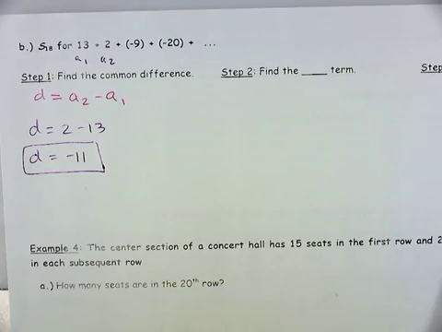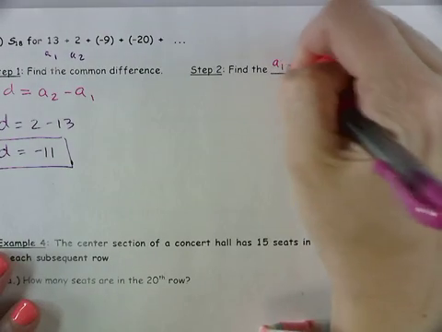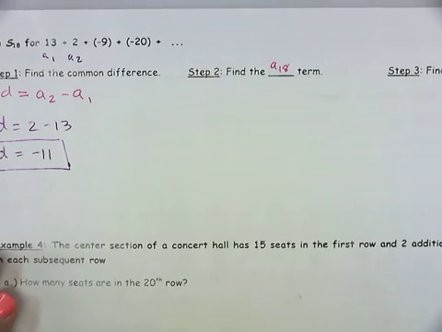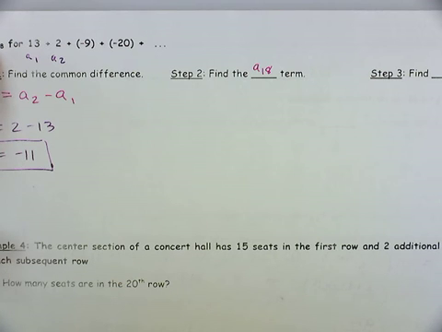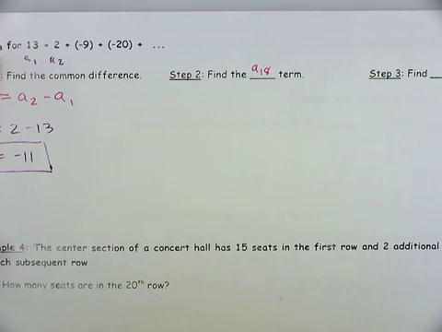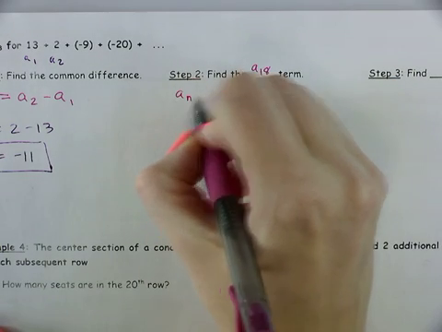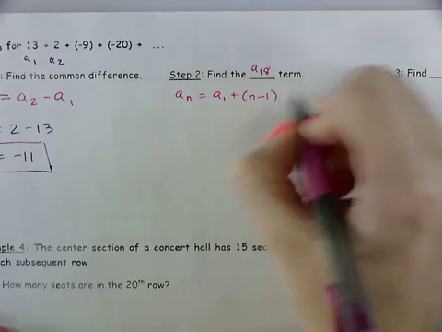For step 2, we're going to find the a sub 18th term, because you have s sub 18 that you're trying to find. So we can use a sub n equals a sub 1 plus n minus 1 times d.